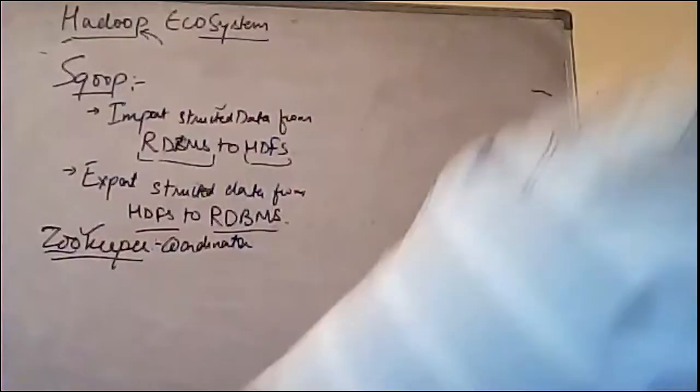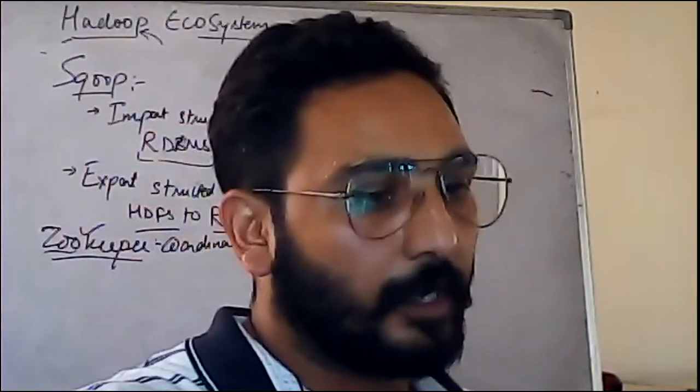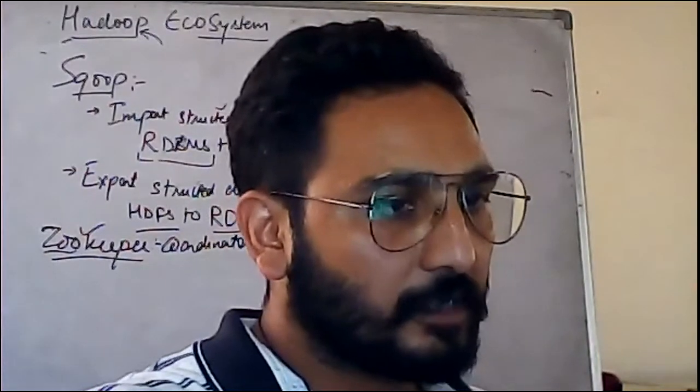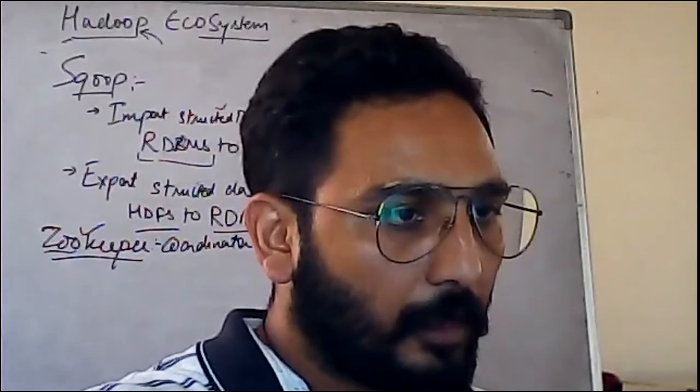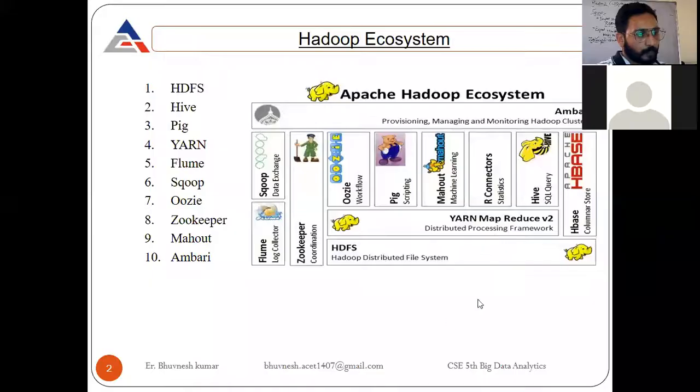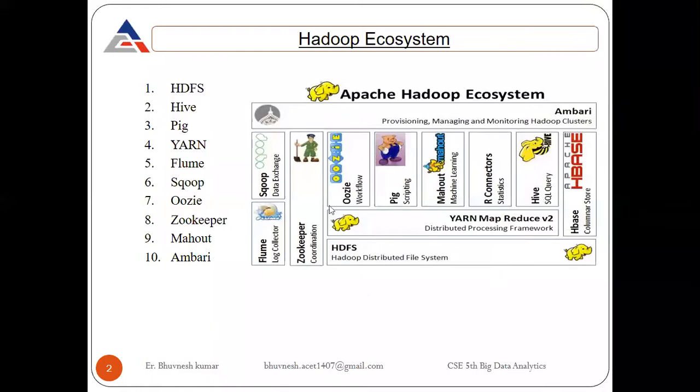And now we will study in more detail their functionalities and their advantages. Okay. This is your complete ecosystem. There is Flume, there is Sqoop. The symbol of Sqoop is like this.